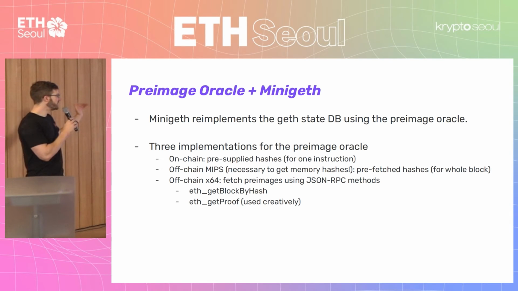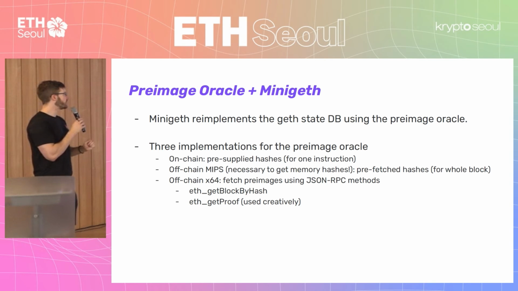So we need to run minigeth in MIPS off-chain because we need to hash the memory for the challenge game. We need to run MIPS off-chain, but we need to get these hashes so we can do the actual challenge game. And this uses prefetched hashes.